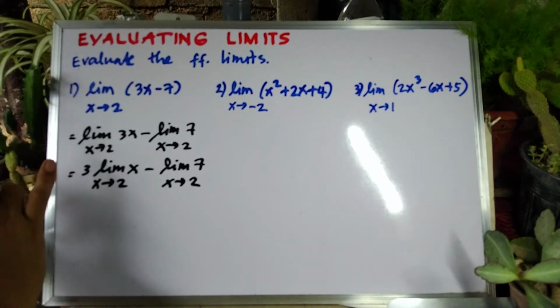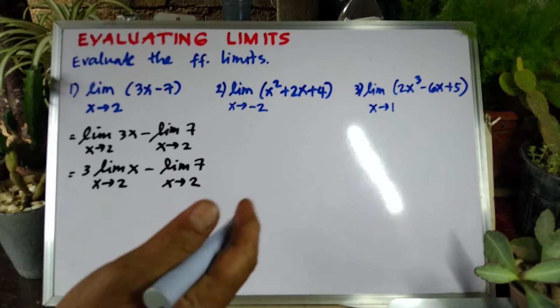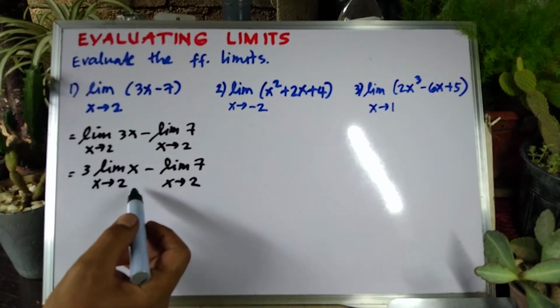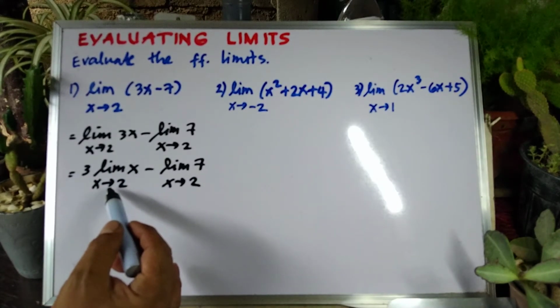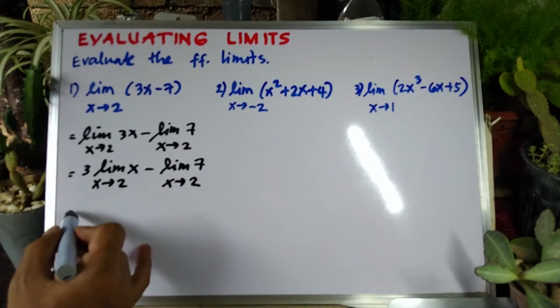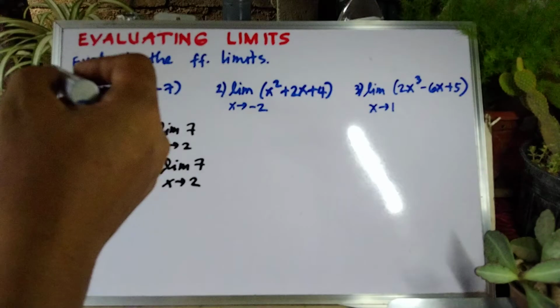This is the limit of an identity. So, what does that mean? We just substitute x equal to 2 here.